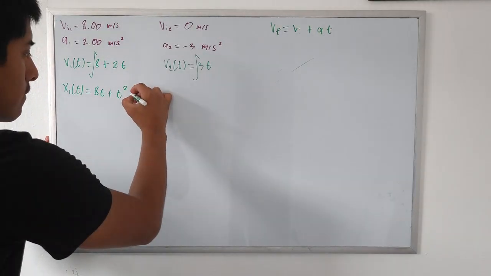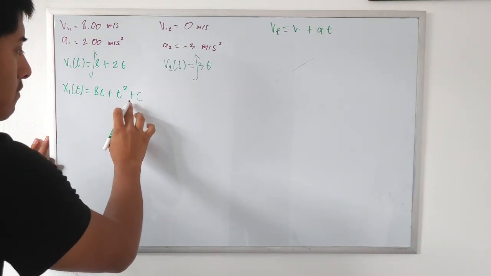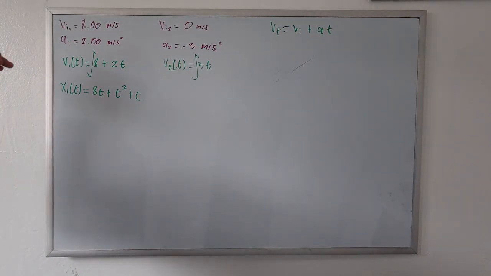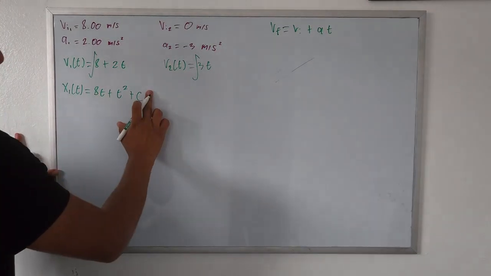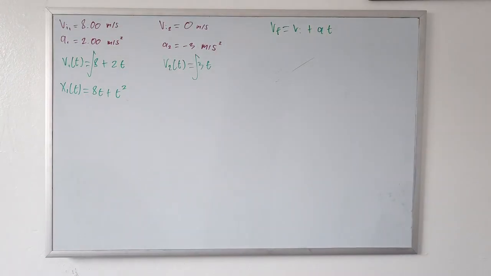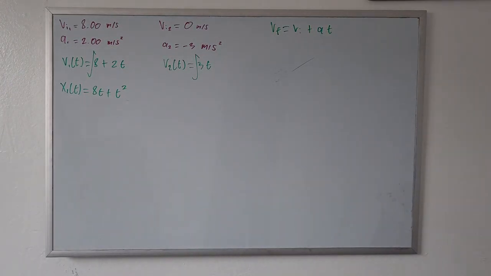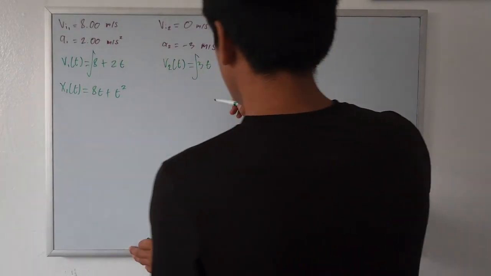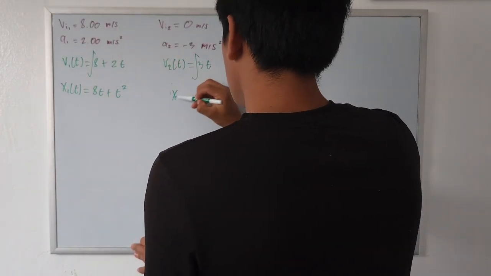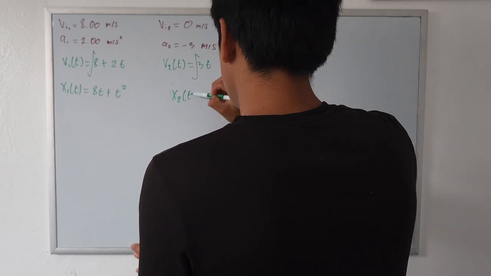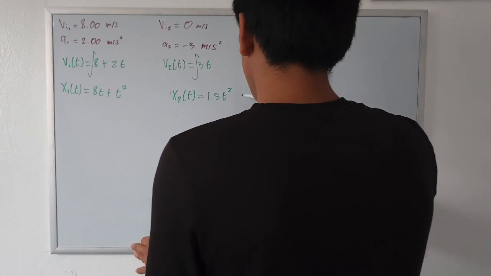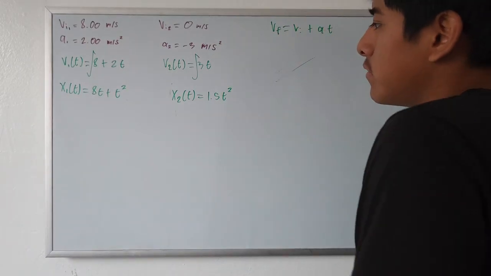And usually we would have a plus c, but since it told us that they both started at the same location, it would just be 0. And then the same case for this one. x2 of t is equal to 1.5 t squared, and then the c is just going to be equal to 0.